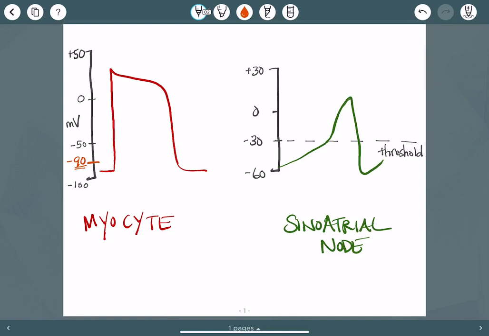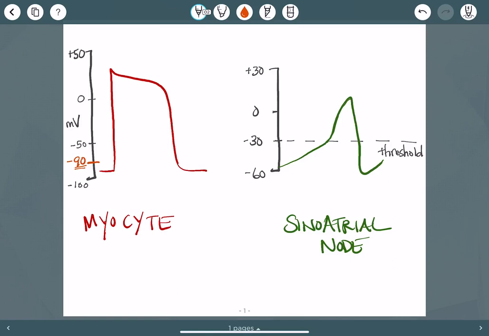So if a neighboring cell has an action potential, it will cause the next cell over to start having a more positive resting membrane potential. And in fact, sodium ions will leak in. When the myocyte hits -70 millivolts, this is the threshold for opening of the fast sodium channels.